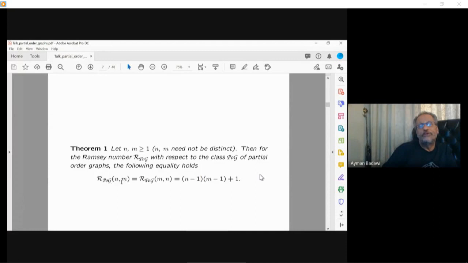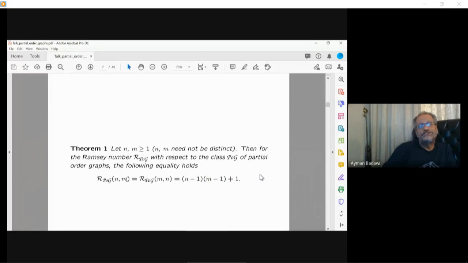R(3,4) will give me the number 7 here. So that's the minimum number of vertices you need in a partially ordered graph.